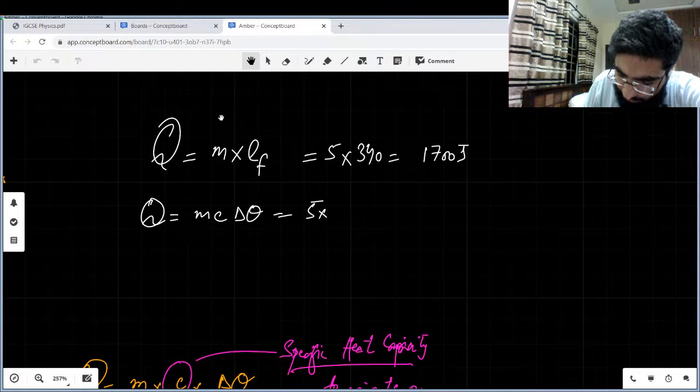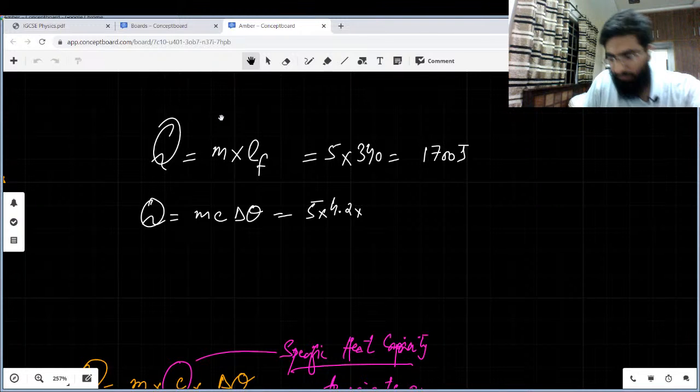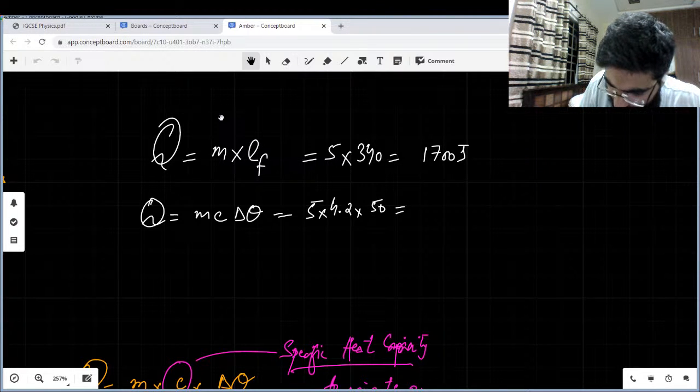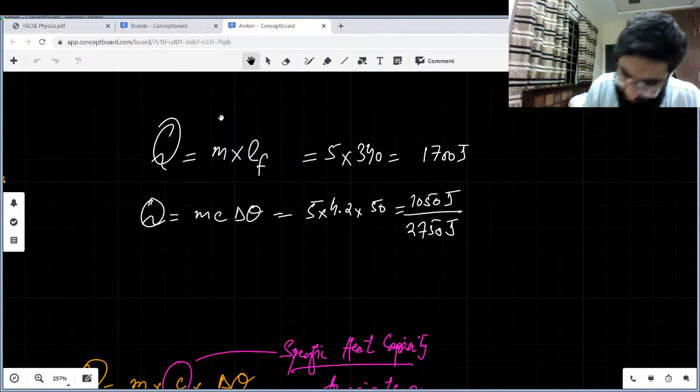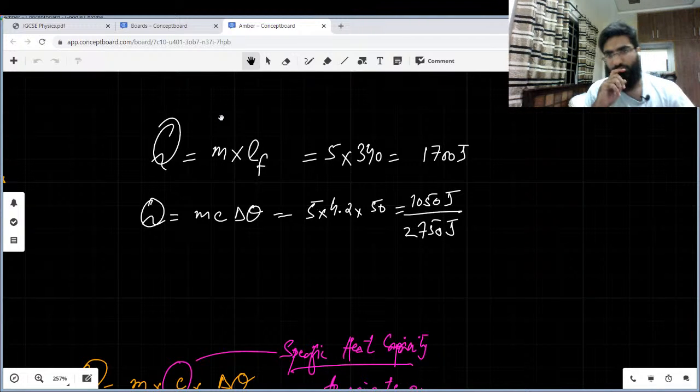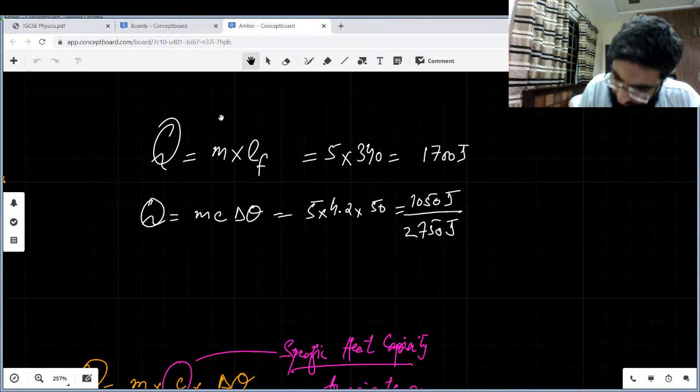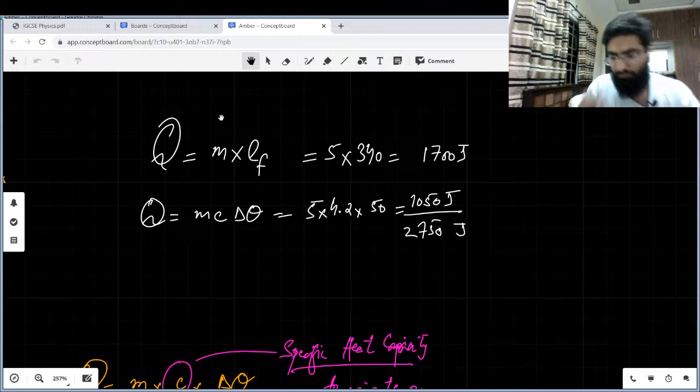So 4.2 times 50, which would be equal to 1050, and adding the two I get 2750 joules. Done.